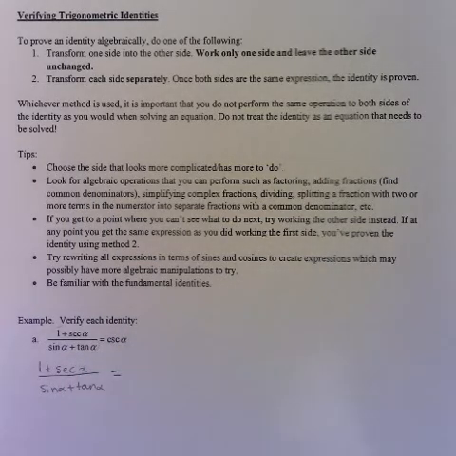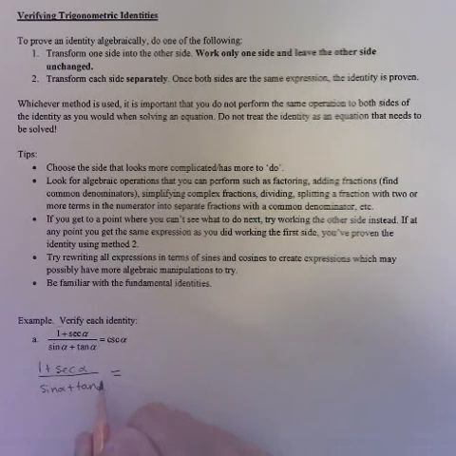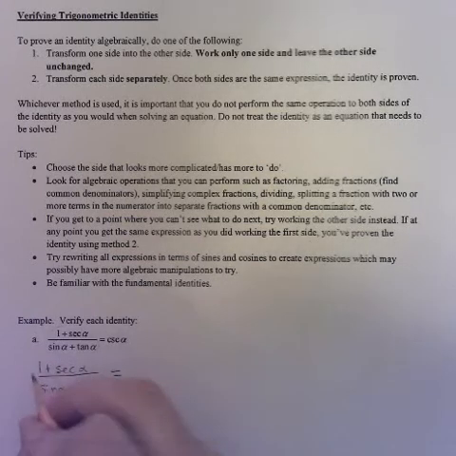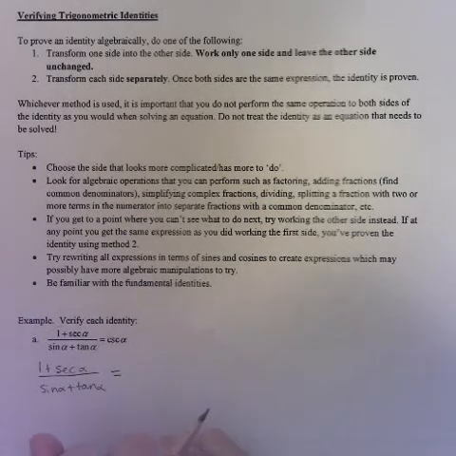Okay, so once you've chosen which side, then you look for ways to rewrite this using fundamental identities, using algebra. If there's more than one term in the numerator, you can split it up into two fractions. If there's more than one fraction, this one doesn't, but if there is, you can find common denominators and add them up. You can use factoring. You can use the fundamental identities.